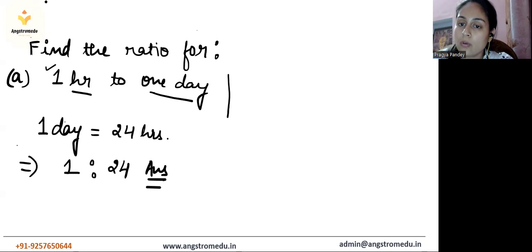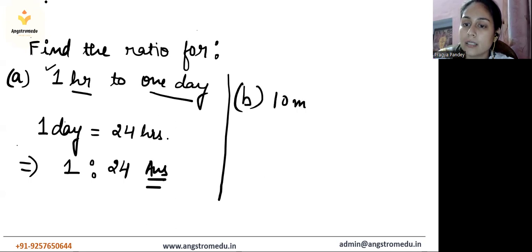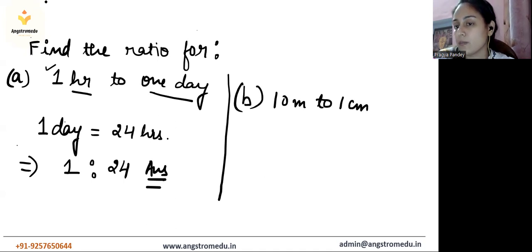All right. Now let's solve one more part. It is given to us, find the ratio for, let's say, 10 meter to 1 centimeter. Okay. So I have told you that you have to convert the terms into the same unit. Either you can convert meter to centimeter, or centimeter to meter. It's totally up to you.